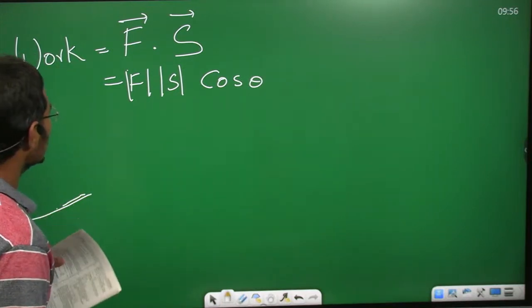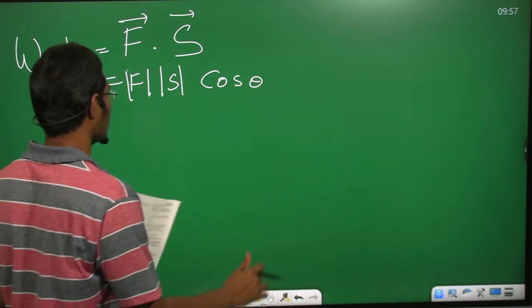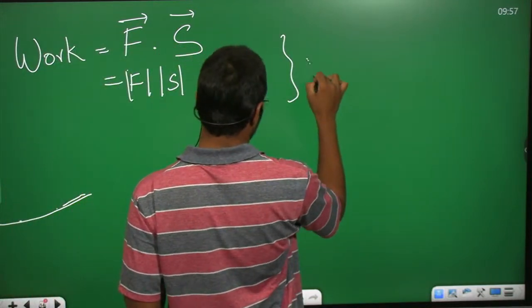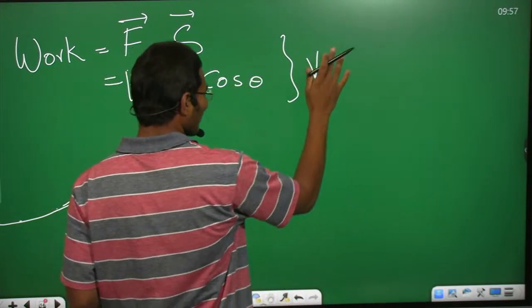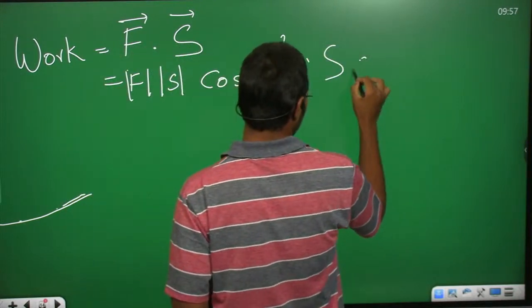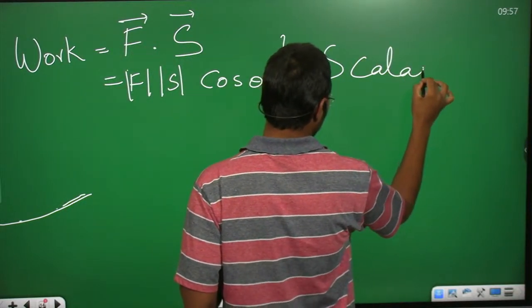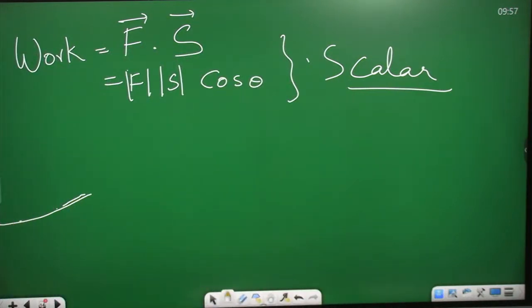So is work a scalar or vector? Vector. Who said it is vector? Work is a scalar, man. You don't have any direction.